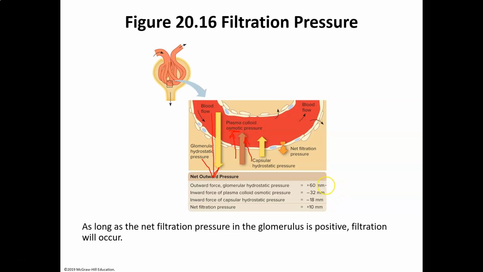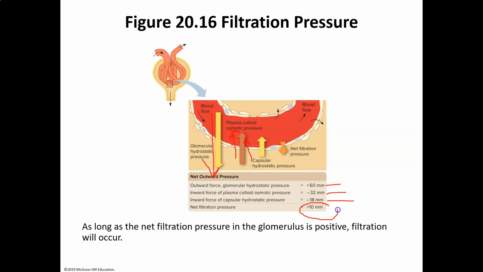So you have glomerular hydrostatic pressure, 60 millimeters of mercury coming in. That's the force of blood coming in. Here is osmotic pressure pushing back the other direction. Here is hydrostatic pressure of the capsule pushing back. Add them up. You get 60 minus 32 minus 18.